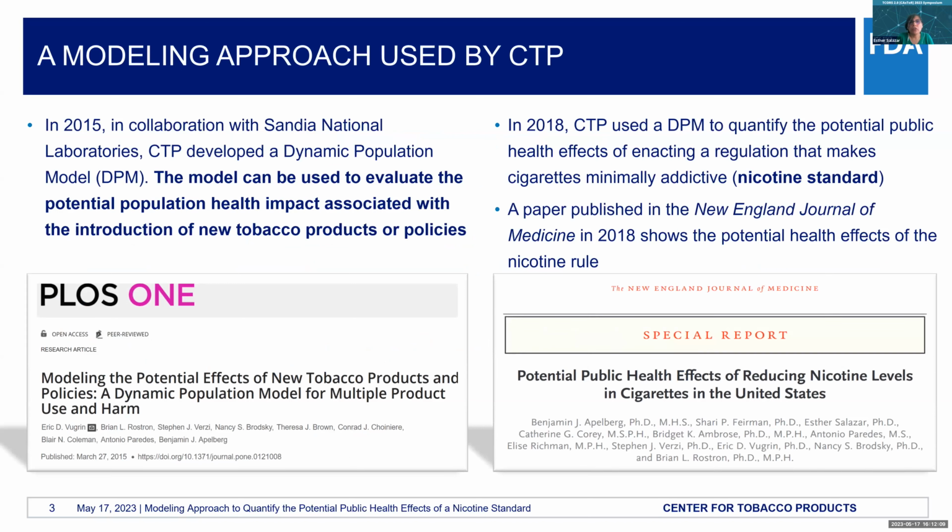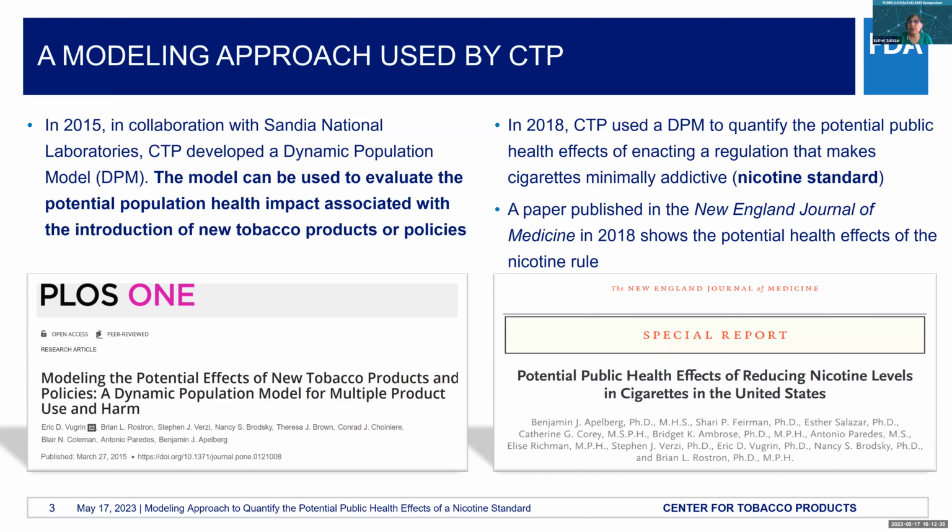As a brief introduction of this modeling approach, in 2015, the Center for Tobacco Products developed a dynamic population model, called the DPM model, in collaboration with Sandia National Laboratories. This model was developed to evaluate the population health impact associated with the introduction of new tobacco products as well as for the evaluation of regulatory policies.